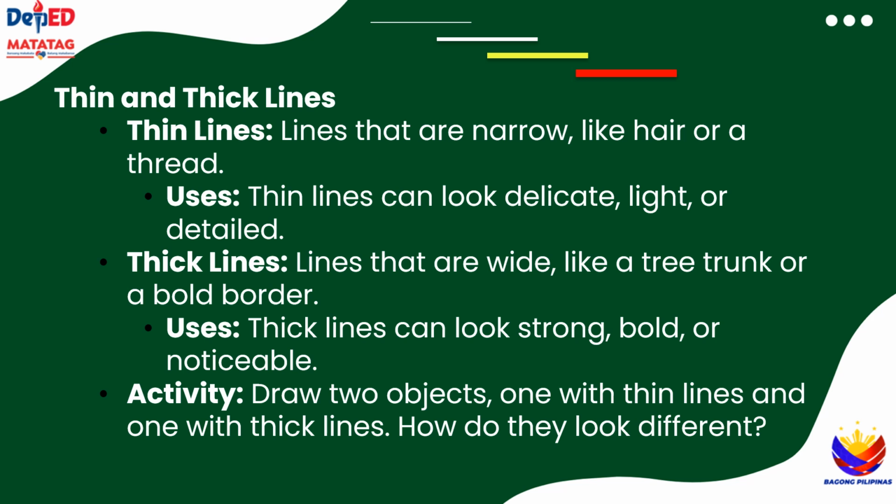Draw two objects, one with thin lines and one with thick lines. Notice how they look different. The thin lines might make your drawing look more fragile and detailed, while thick lines make it look stronger and more prominent.